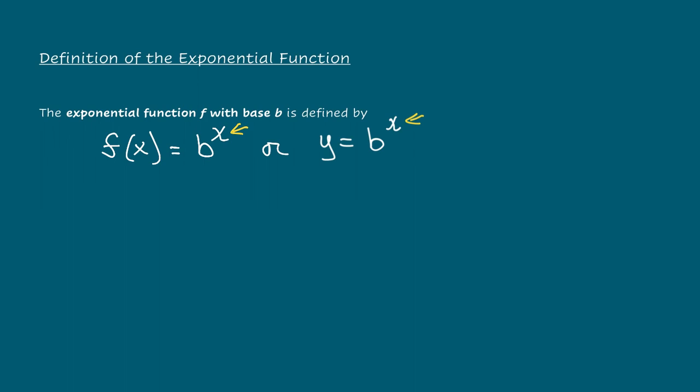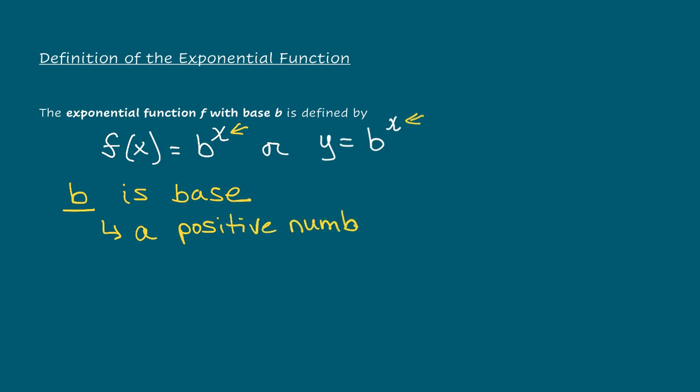In our exponential function, the b is our base, and our base has the characteristic that it is a positive number always, and it is not 1. So it can be any positive number, not 1.